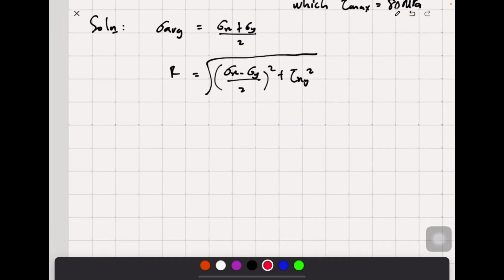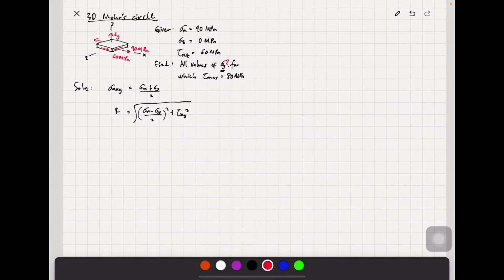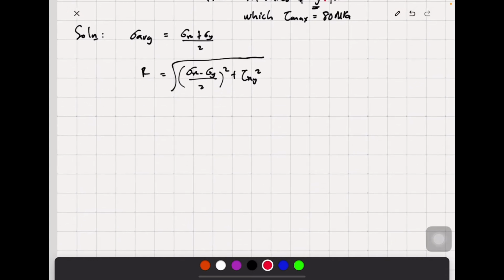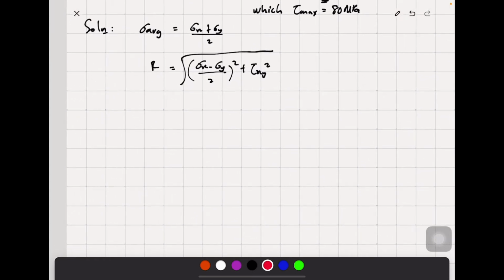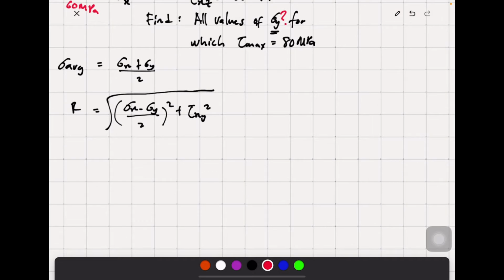To find all values, it suggests that we have multiple conditions, but it is good to go ahead and compute whatever we have for our system right here. Sigma 1 and 2, the principal stresses, equal sigma average plus or minus the radius.